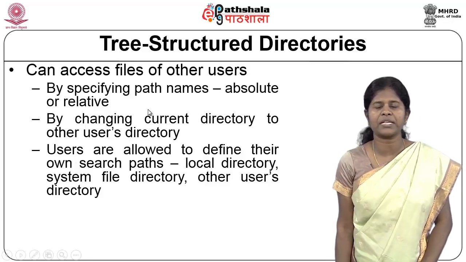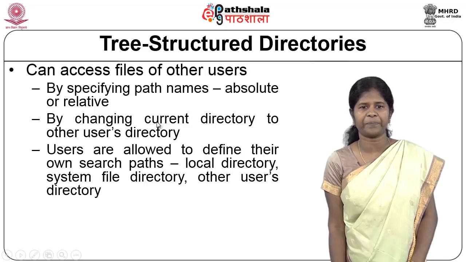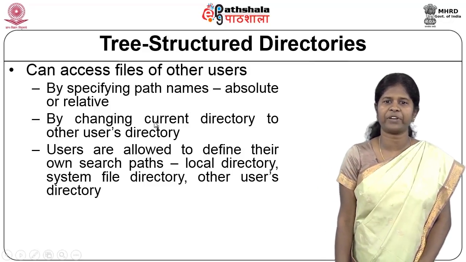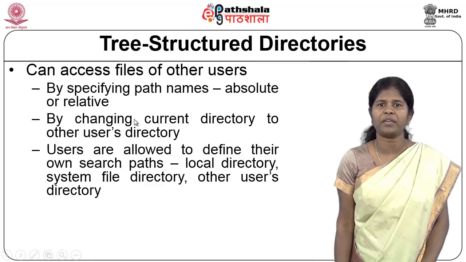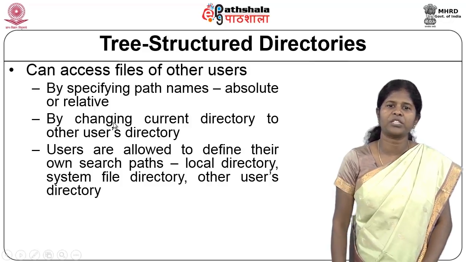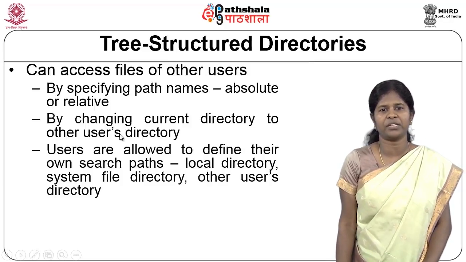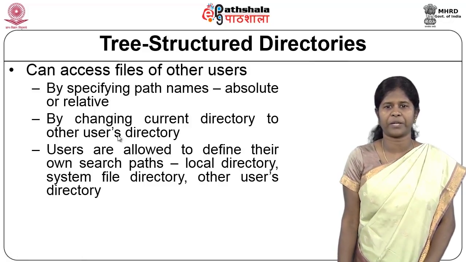So, how do you access the files of other users when you have a tree structure directory? It is done by specifying path names. Path names, as we see, can be absolute path names or relative path names, and it is also possible to change the current directory to the other user's directory, provided permissions are given.